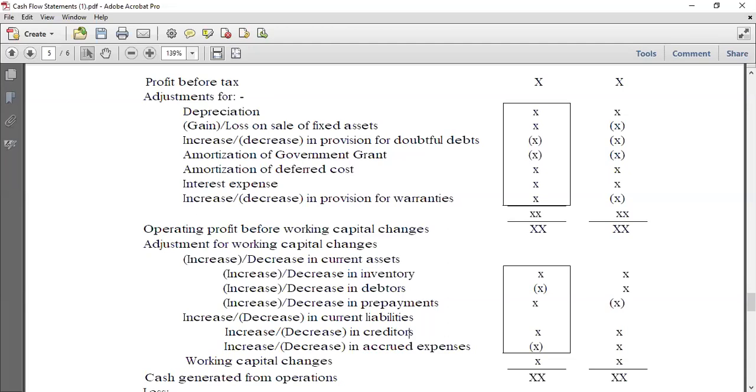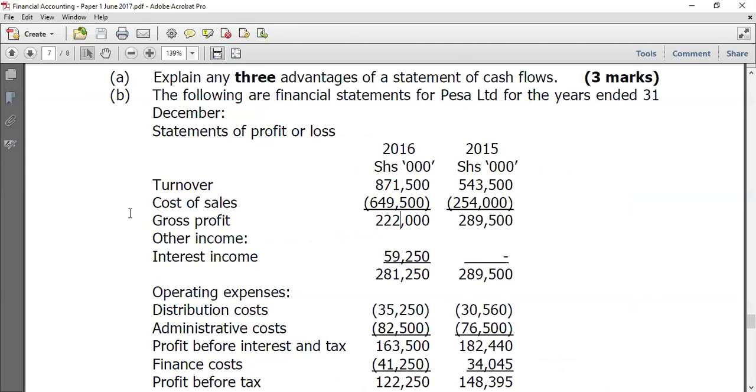Now, the reason why I'm bringing in comparisons here, and you're going to see it as we proceed, is that when a question comes for cash flow statement, I just want to run ahead to give you a picture, because I want to make sure that what I'm explaining, you can actually get it, okay? So this is what we have, okay?